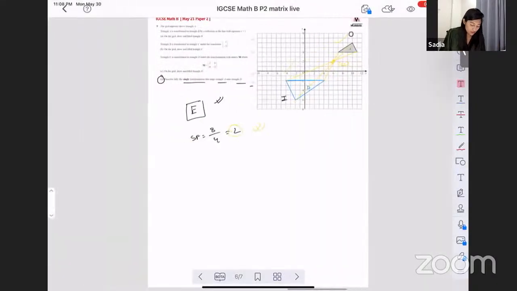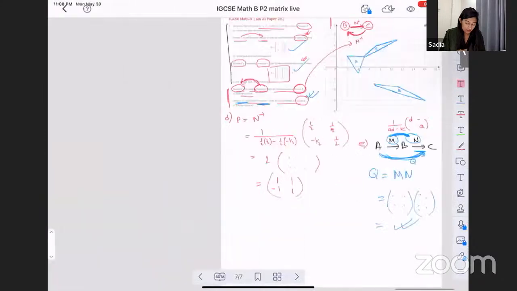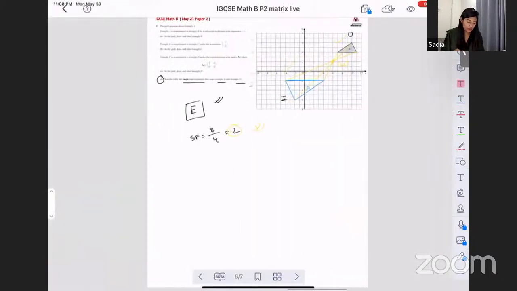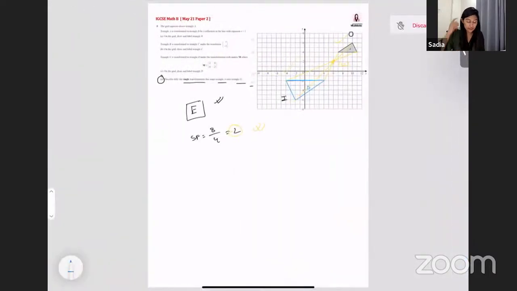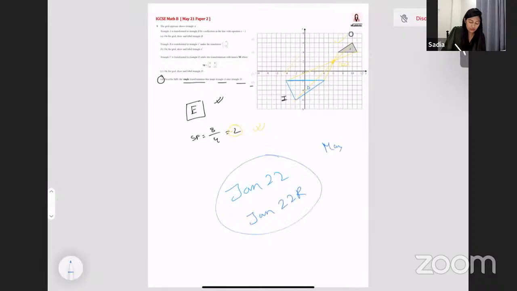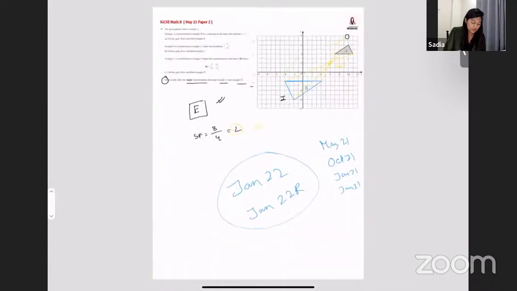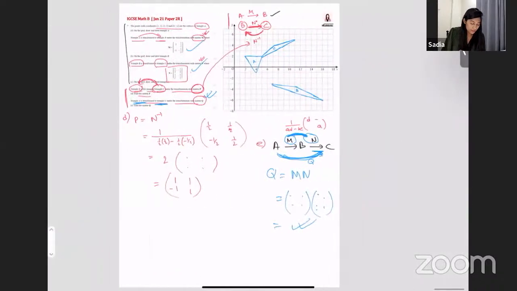So this is the live session based on IGCSE Math B candidates. I've covered Jan 22 R paper, normal paper, then May 21, October 21, Jan 21, Jan 21 R, I guess.